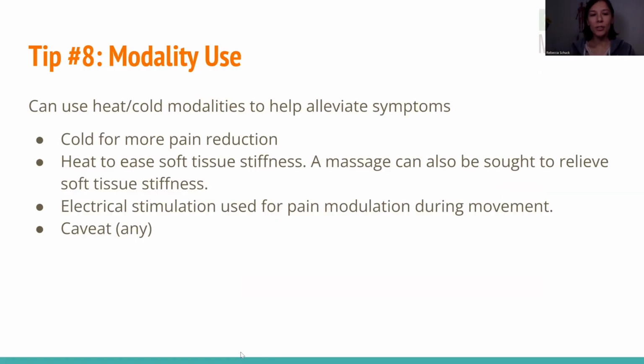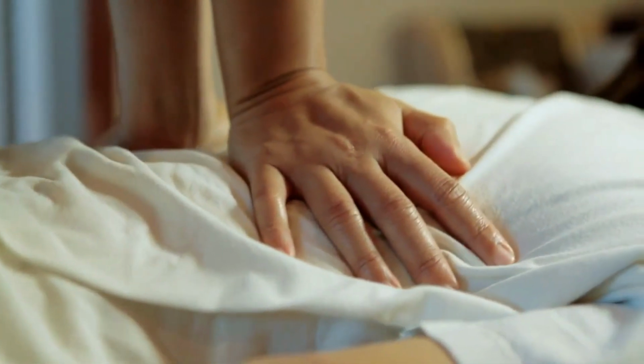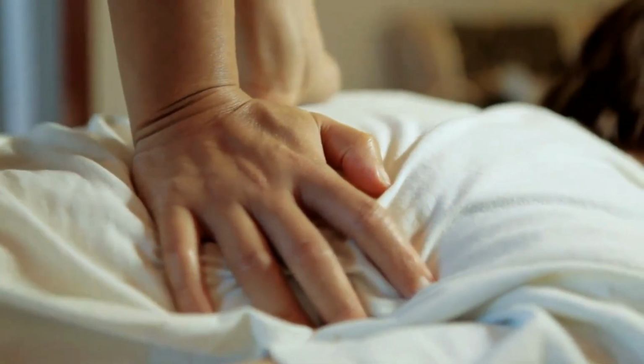You might get a little bit of relief from it, but it's not going to go as deep as where those spinal nerves might be compressed. Another method is using a heating modality, which is utilized more for muscle stiffness. And massage is also synonymous with this to reduce that muscle stiffness.